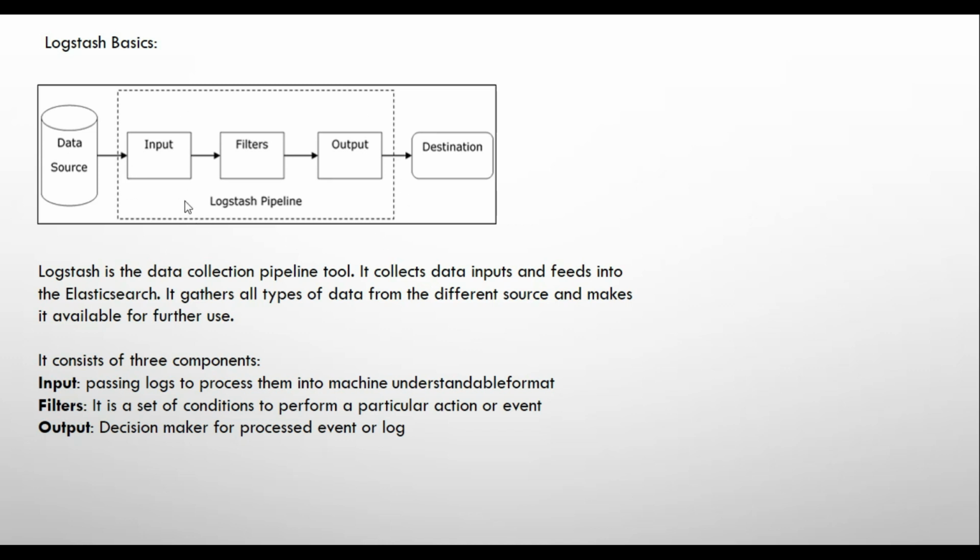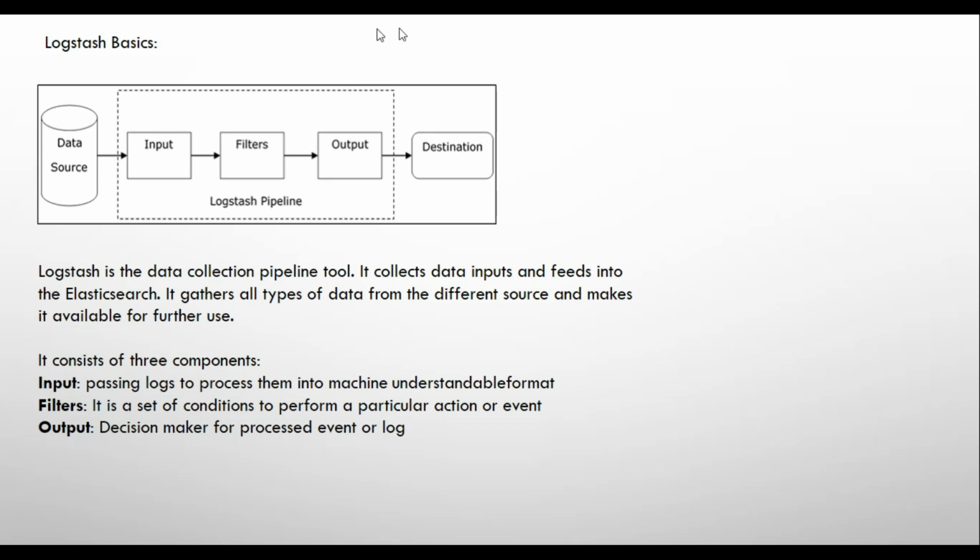Logstash has its own pipeline where it accepts the input and performs operations or business logic in these filters, and it will pass to the output. The output is wherever you want to pass the data, like to an Elasticsearch database, to a Kafka topic, or to any system where you want to convert your data.